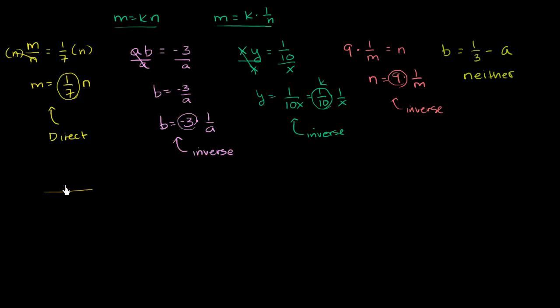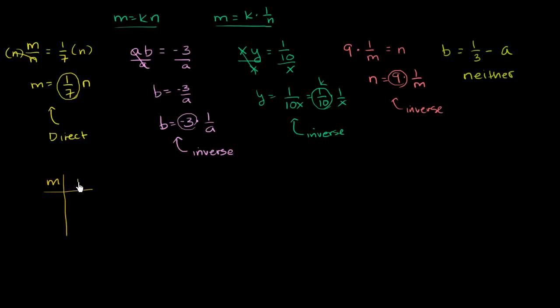In direct variation, if you scale up one variable in one direction, you would scale up the other variable by the same amount. I should do this with m and n.